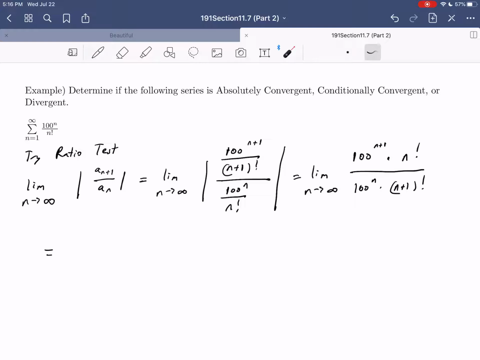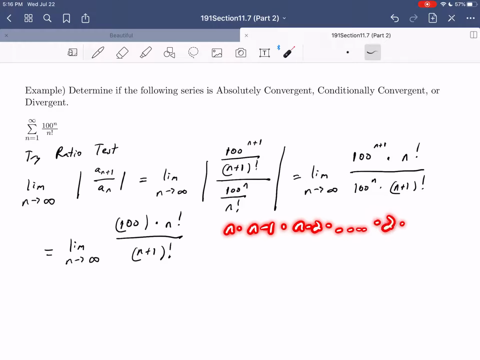Okay, let's do the easy simplification first. 100 to the n plus 1 and 100 to the n is just going to leave us with a single factor of 100. So the limit as n goes to infinity of 100 times n factorial over n plus 1 factorial. Now remember, n factorial is n times n minus 1 times n minus 2 times dot dot dot times 2 times 1.